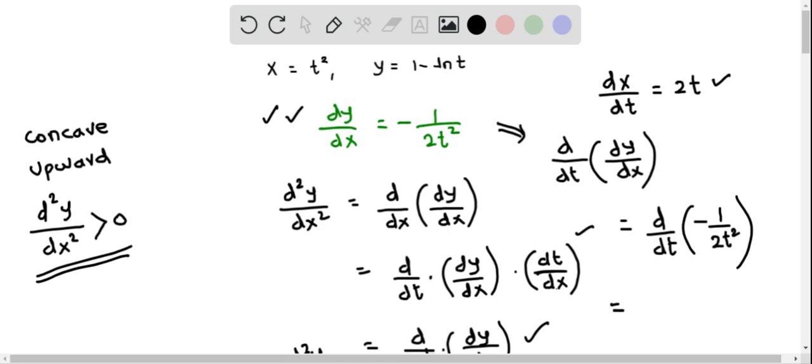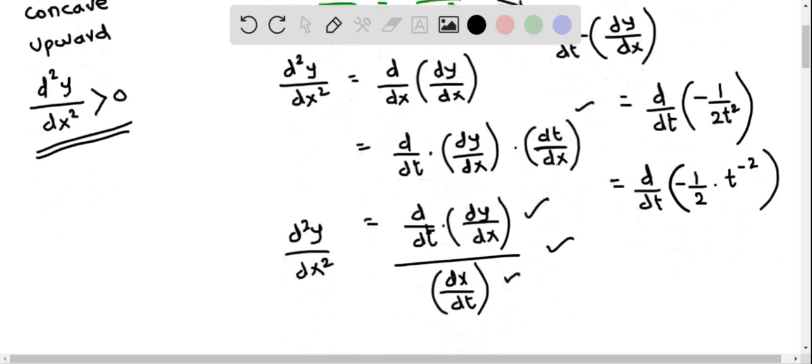So first we write this as a power of t. So this is negative 1 by 2, and this 1 by t squared is written as t raised to the power of negative 2. Now we differentiate this with respect to t. So I put this negative 1 by 2, and then apply the power rule to find the derivative of t power minus 2, which is negative 2 times t raised to the power of negative 2 minus 1, equals negative 3.